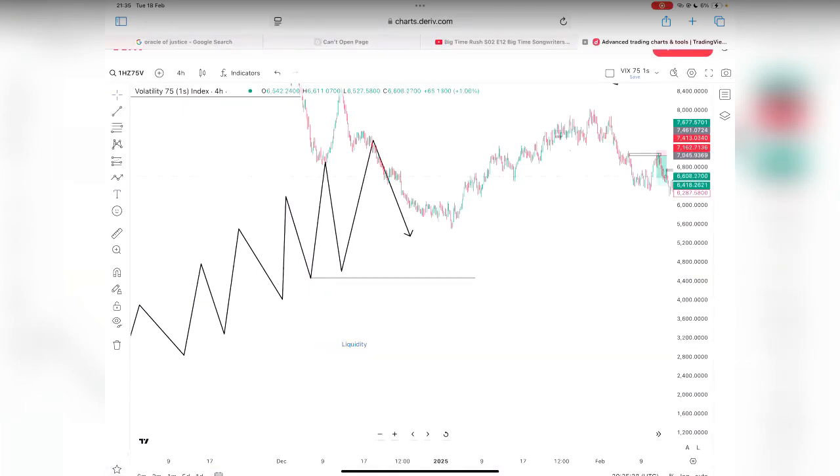What is this liquidity? We're not on that topic yet, but liquidity is money. It's like saying take from Peter to pay Paul. That is liquidity. So if price takes out a disruption, the other internal turns to liquidity.